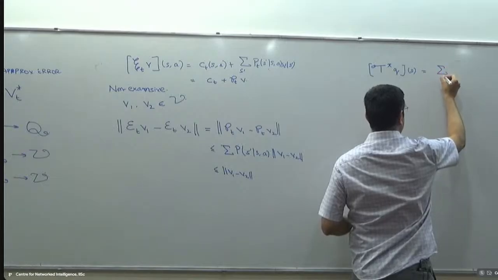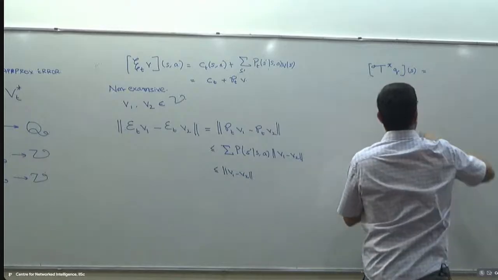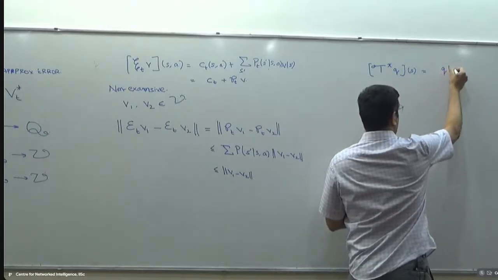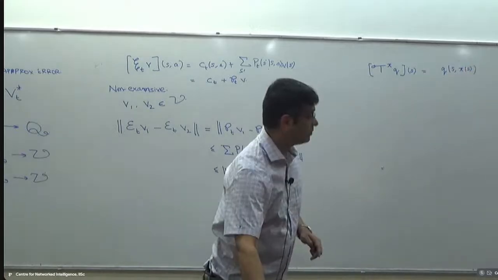summation, is simply Q of S at pi of S. Okay.